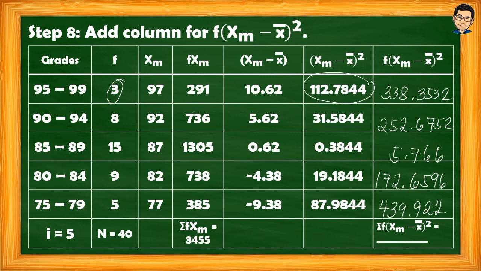So, next step natin, i-add lang po natin yan para makuha natin yung summation. So, 338.3532 plus 252.6752 plus 5.766 plus 172.6596 and then plus 439.922.